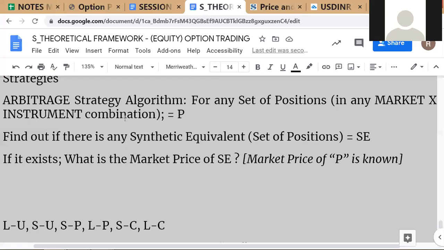And here you look at this position and you find out if there's any synthetic equivalent. It may not exist in all markets. So first you find out if there is a synthetic equivalent for this position, and then what is the market price of the synthetic equivalent? And the market price of P is known.